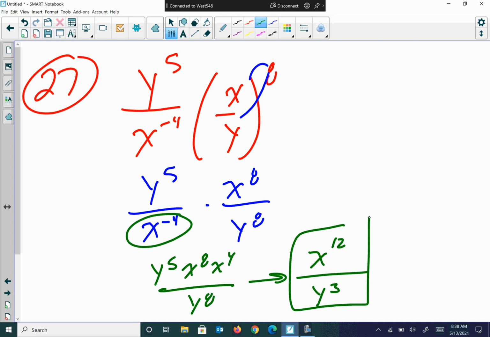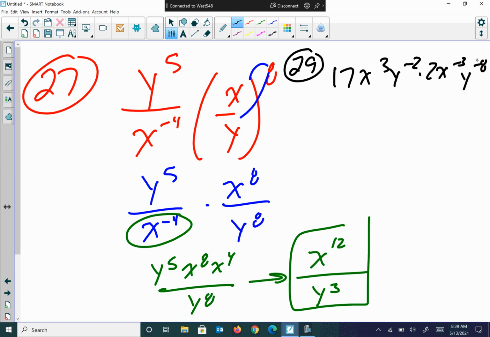Oh, and then number 29. Let's see if I can squeeze it right here. 17 x to the third, y to the negative 2 times 2, x to the negative third, y to the negative 8. All right, so I could just go ahead and multiply those. That gives me a 34. This wants to move, this wants to move. So I get x to the third.